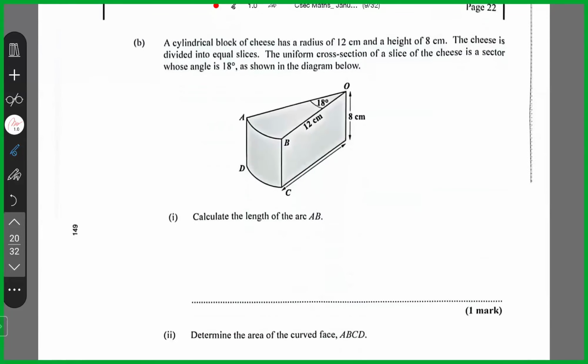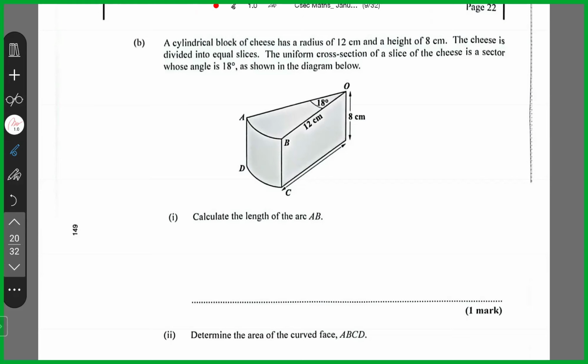Next, we are told that a cylindrical block of cheese has a radius of 12 centimeters and a height of 8 centimeters. The cheese is divided into equal slices. The uniform cross-section of a slice of cheese is a sector whose angle is 18 degrees as shown in the diagram below. Calculate the length of the arc AB.